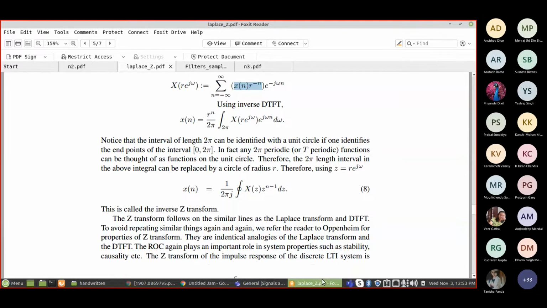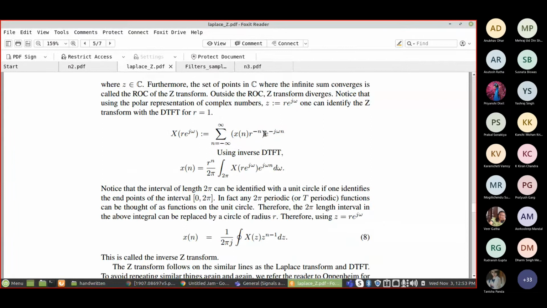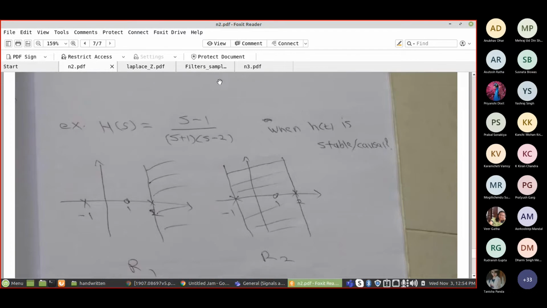And just as we saw in the Laplace transform, there is going to be a region of convergence in the Z transform also. The region of convergence is precisely the region in the Z plane where this integral converges. In the Laplace transform we had these half planes, and in the Z transform we are going to get circular regions.